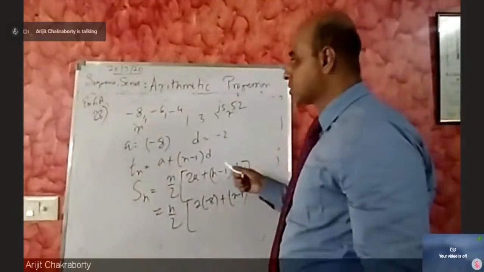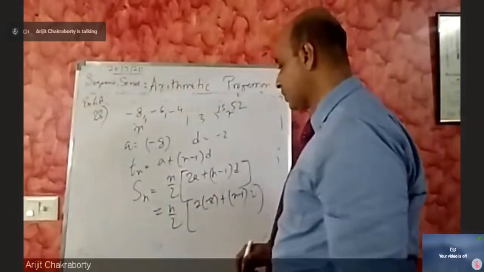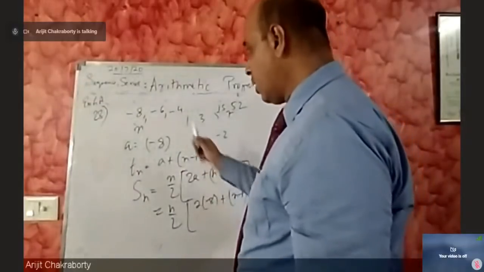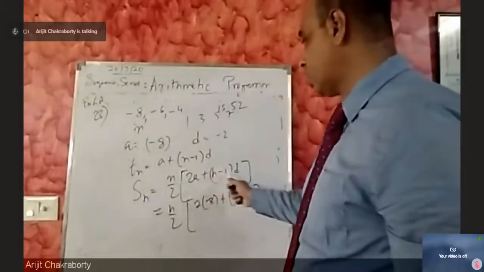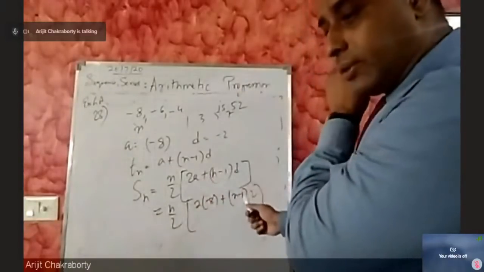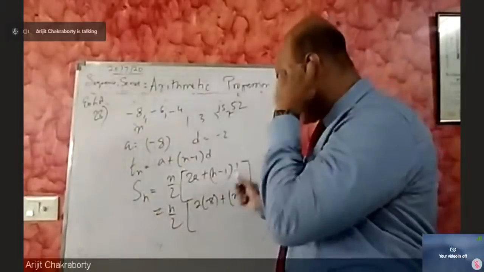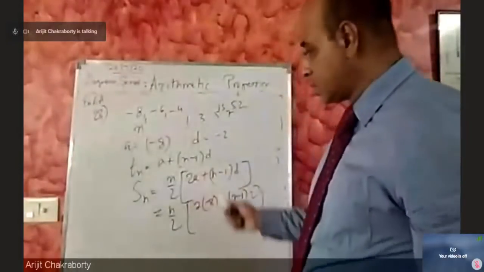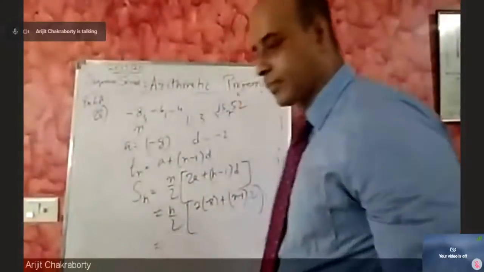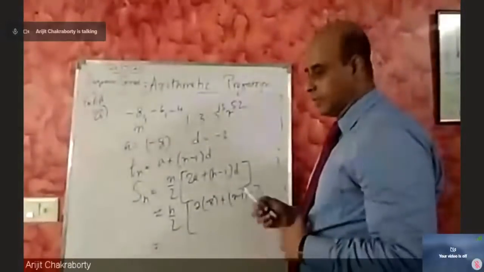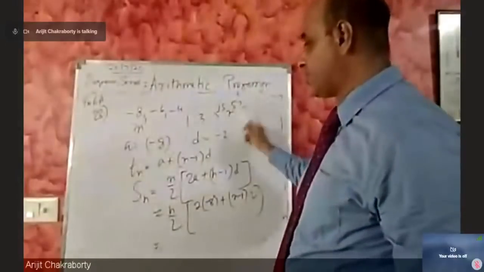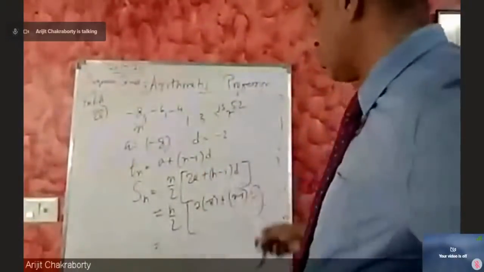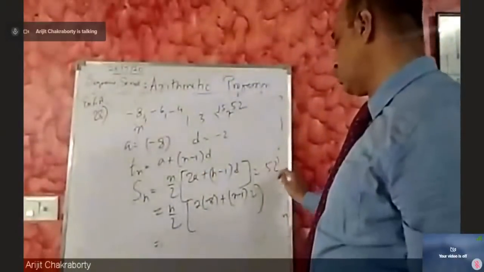The common difference here is 2. So now we will just check the formula, n by 2, 2a plus n minus 1 into d. So minus 8, minus 6, minus 4, the sum is given as 52, so this whole should be equal to 52.